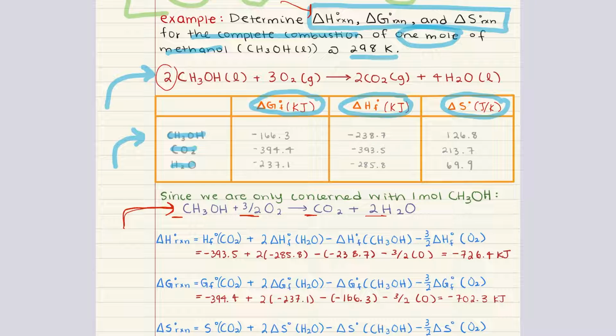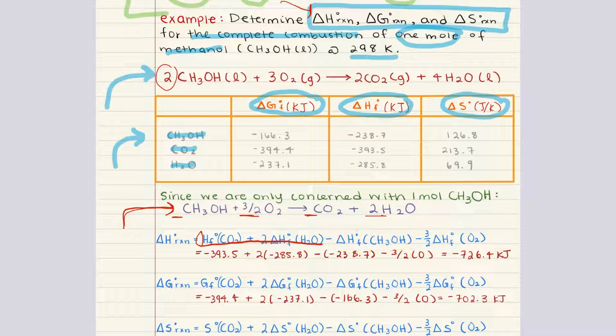To do this, we're going to take the sum of the standard enthalpies of formation of the products, each multiplied by their respective stoichiometric coefficients, and subtract it from the sum of the standard enthalpies of formation of the reactants, each also multiplied by their respective stoichiometric coefficients.